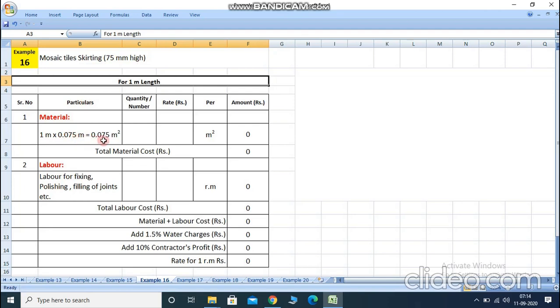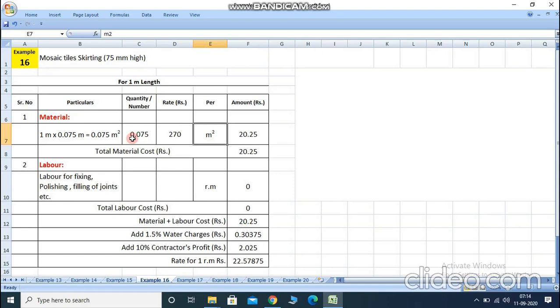So the total area is 0.075 meter square for a 1 meter running length. Quantity is 0.075 and the rate per meter square is 270 rupees. So total amount is 0.075 multiplied by 270. We got the answer 20.25 as the total material cost.